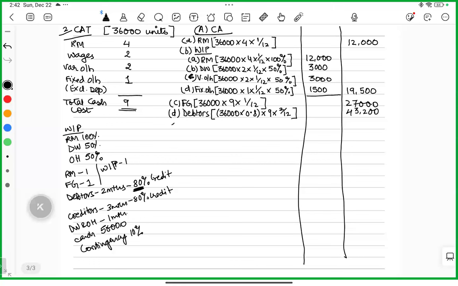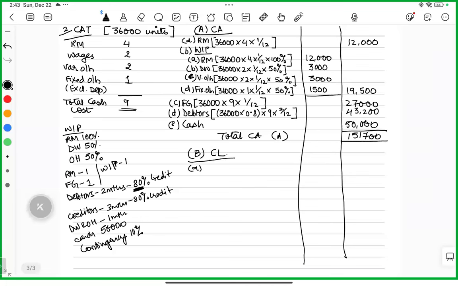You are given cash. Cash is 50,000. So these are the current assets that you are given. If you make a total, you will get total current assets A, 1,51,700.